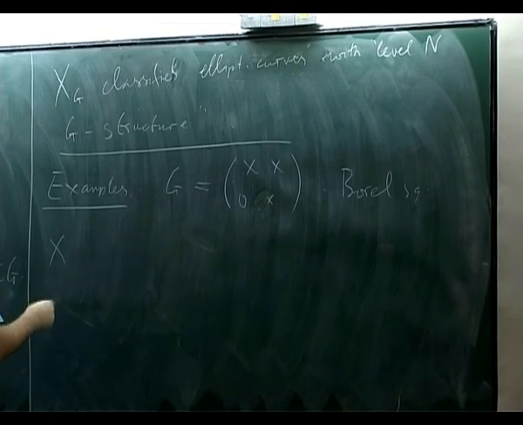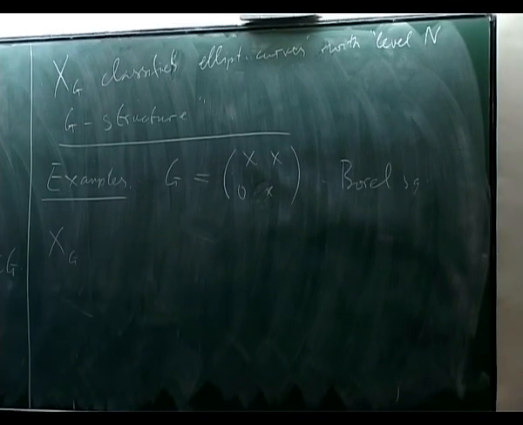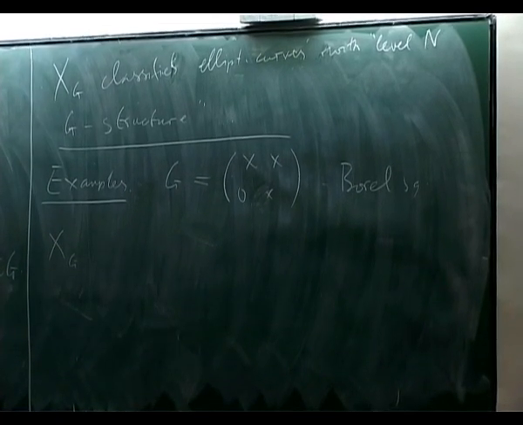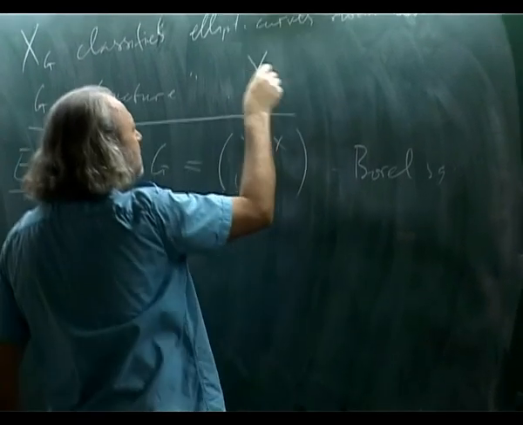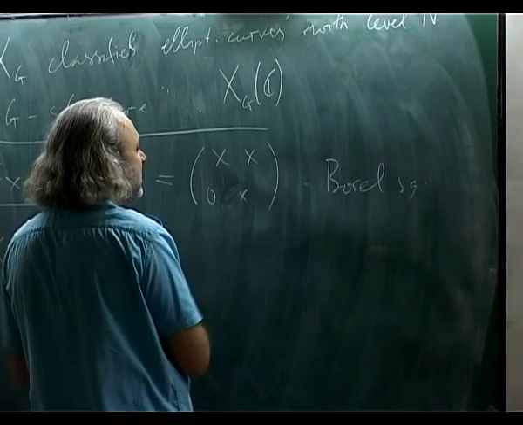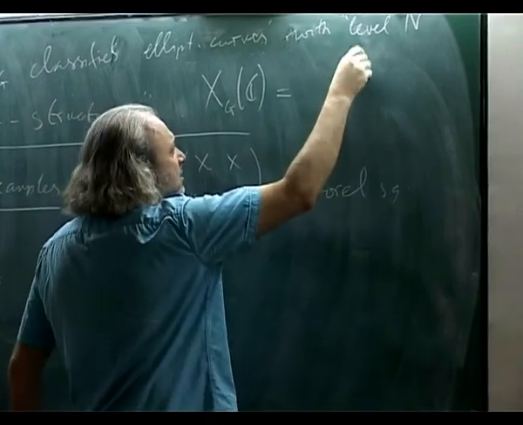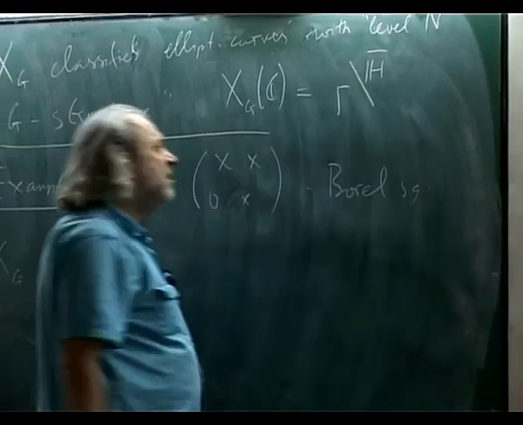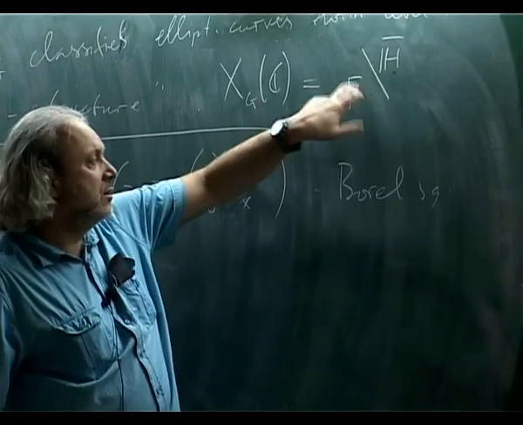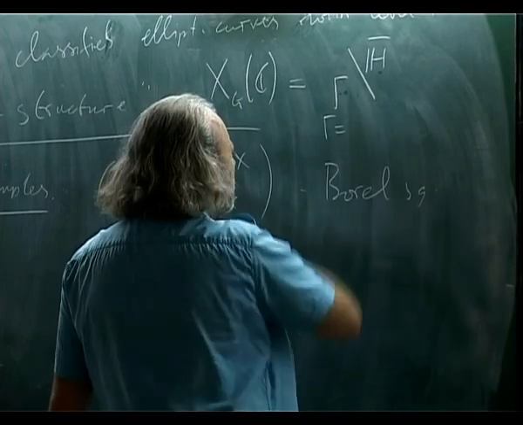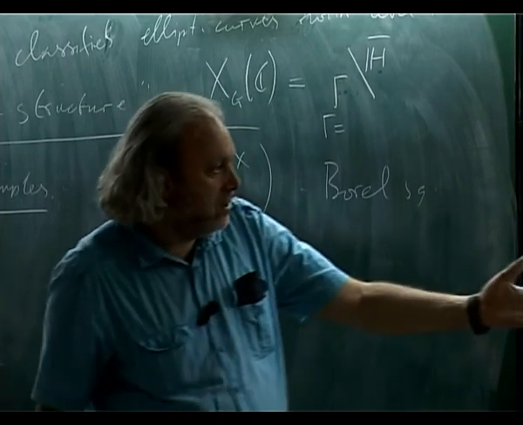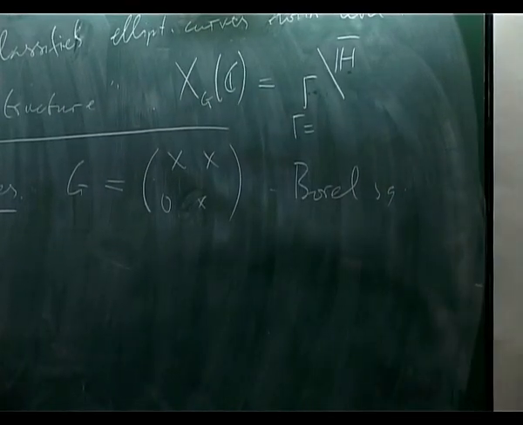Then XG, well, maybe I should also say that the set of complex points of XG is just H quotiented by gamma, where gamma is the pullback of G to SL2.